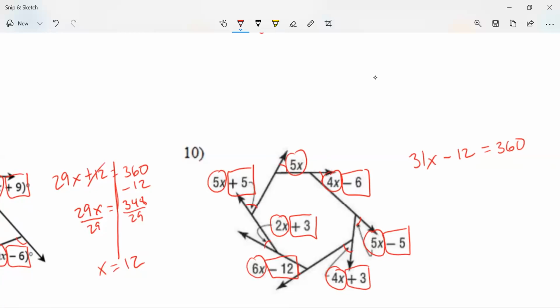I want the 31x by itself, so this minus 12, let me move it over as a plus 12. Don't forget to switch the sign. So I have that 31x is equal to 372. Now to get the x by itself, let me divide each side by 31. x is equal to 12. Oh, 12 again. There you go.